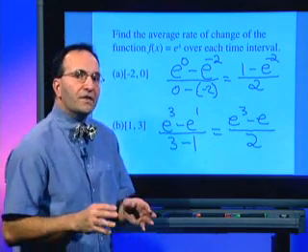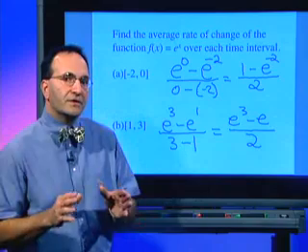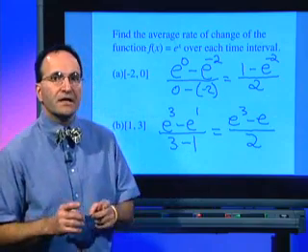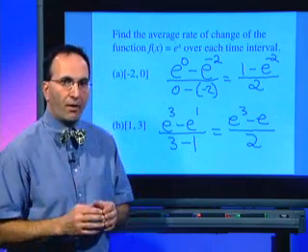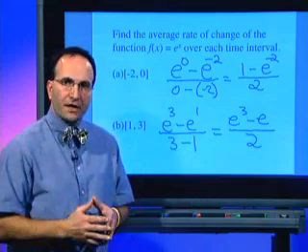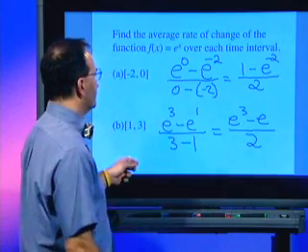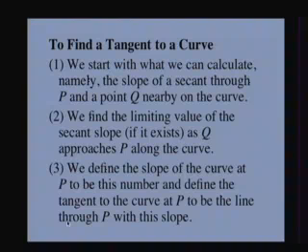Now, we start with this idea and work with it to find the tangent to a curve at a certain point. Here's a description of what we can do. To find a tangent to a curve, we start with what we can calculate, namely the slope of a secant through P and a point Q nearby on the curve.